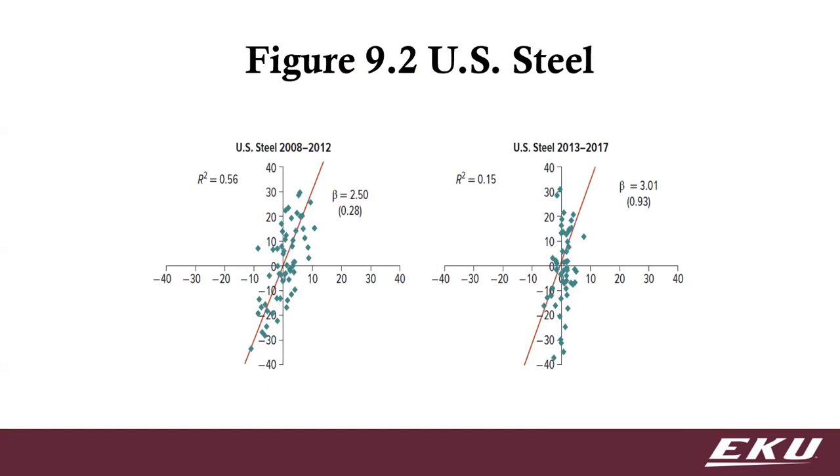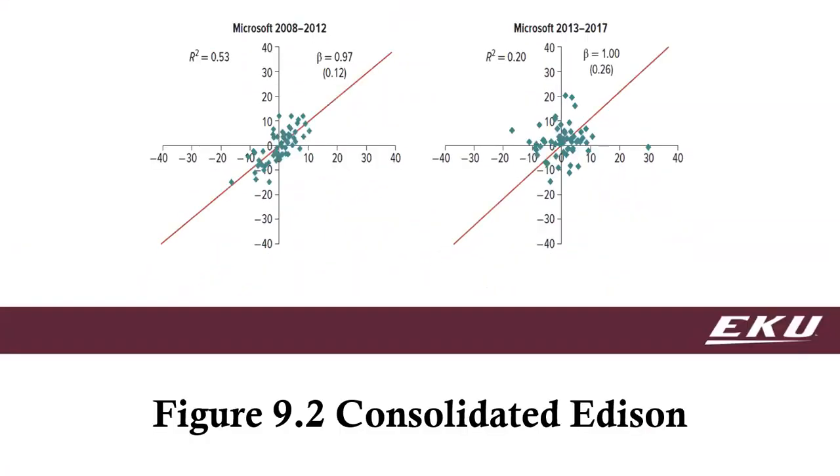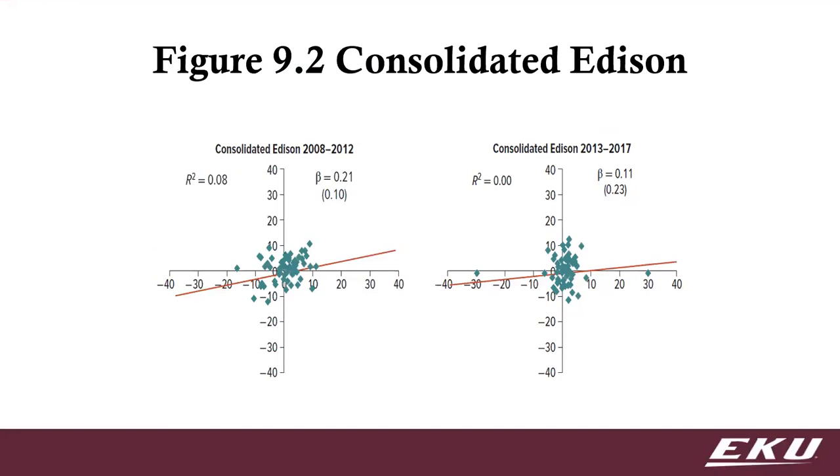This is US Steel over 2 different periods, and you notice the beta is slightly different over those. Here's an example using Microsoft. This is Consolidated Edison. You may have heard it called Con Edison. They do utilities in New York, so you hear it a lot in television shows set there.